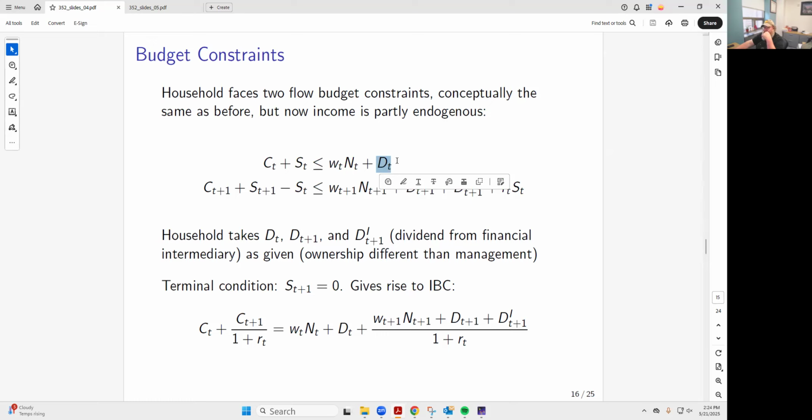Okay, how much money they make plus that dividend that we were talking about before. And then the second constraint basically just says that consumption in the future time period can't be any more than the wages you're going to get in the future time period, the dividend, any capital gains that you get from that dividend as well, and then interest payments on savings.